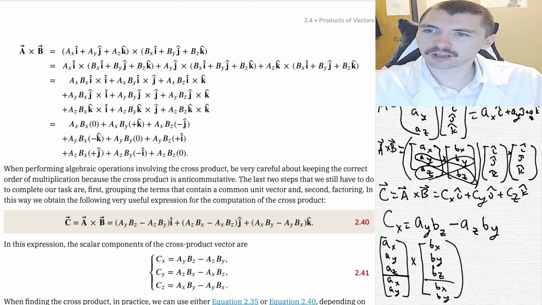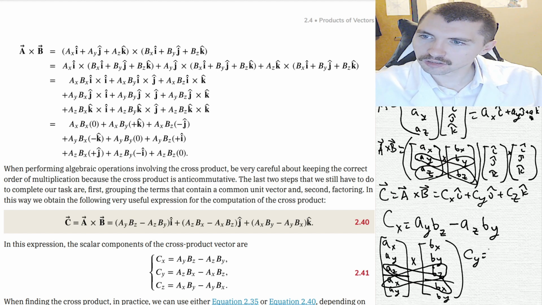So CY should be AZ BX minus AX BZ. Is that what the book got?